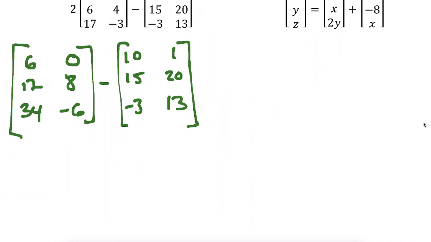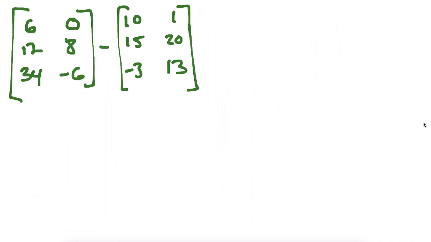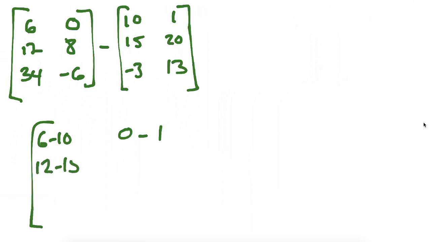So if you think about what this would be then, this is 6 minus 10. This is 0 minus 1, 12 minus 15, 8 minus 20, 34 minus negative 3, negative 6 minus 13.